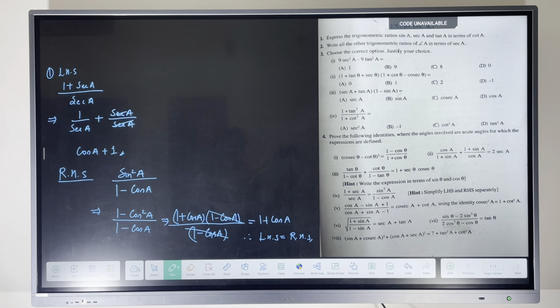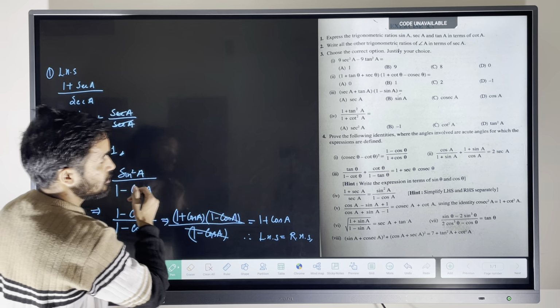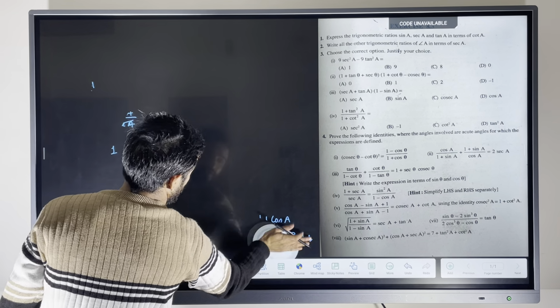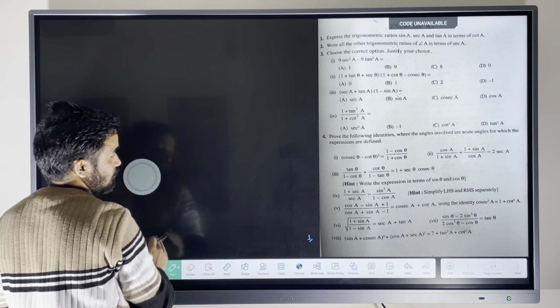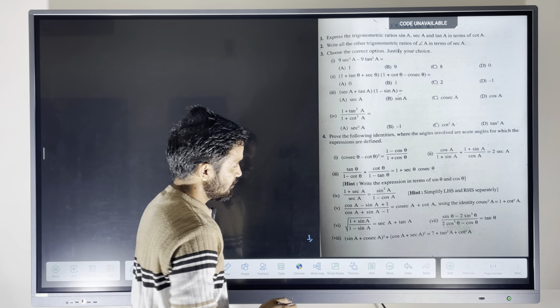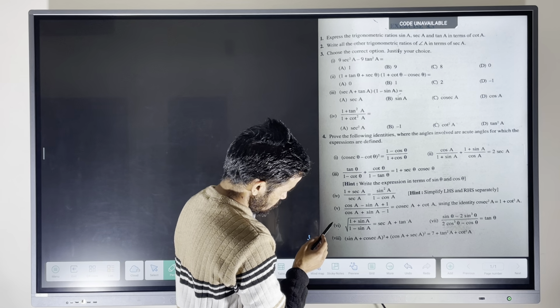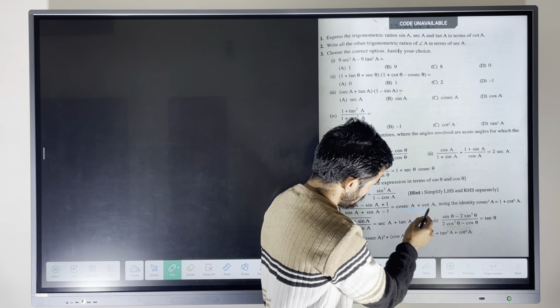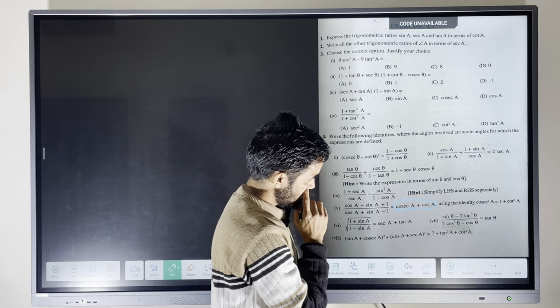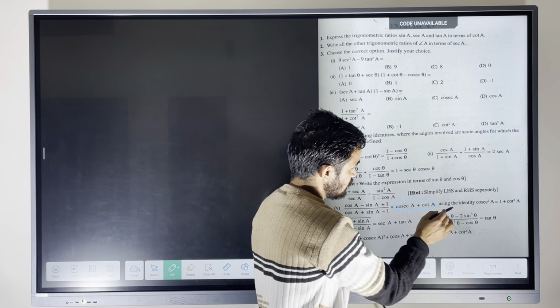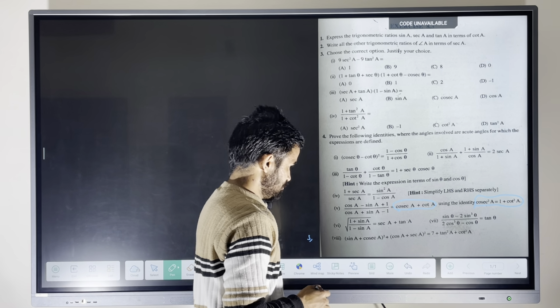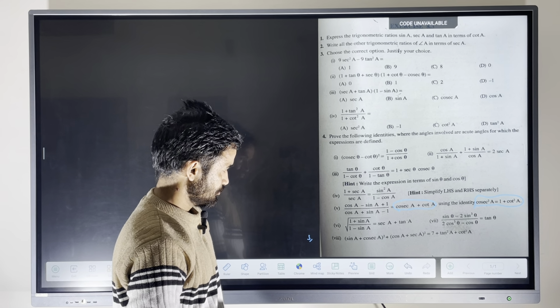Okay, now we should move to the 5th part of question number 4. Now in the 5th part we have (cosec a plus 1) upon (cosec a minus 1) and cosec a plus cot a. We need to change it to cosec a plus cot a, and we are given here to use this identity.